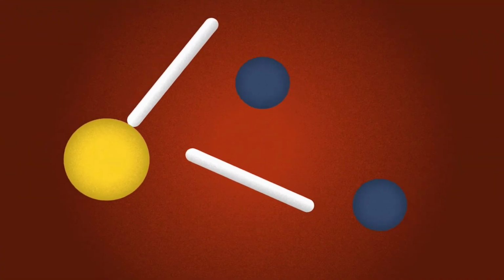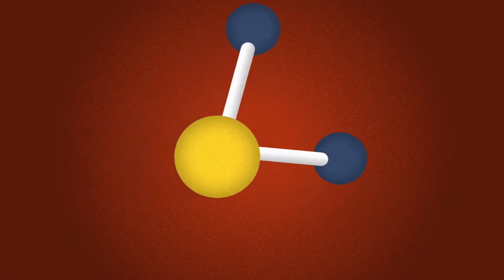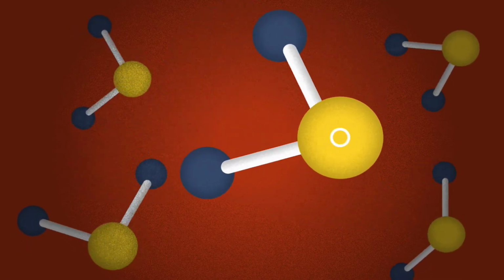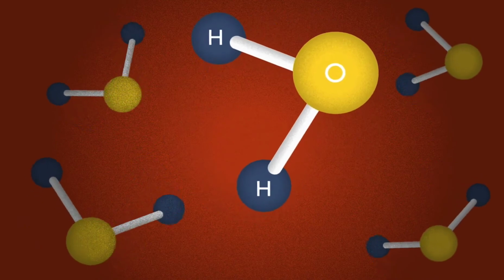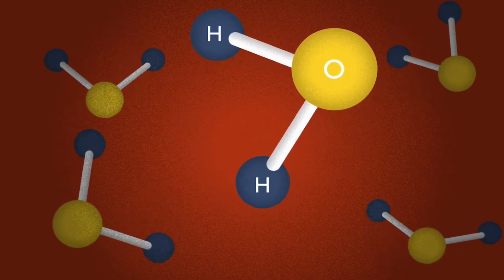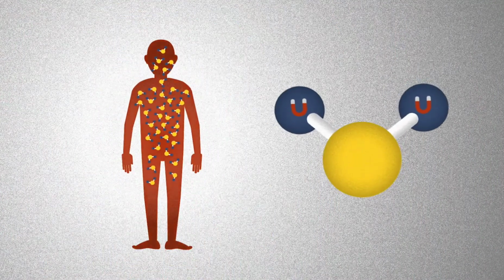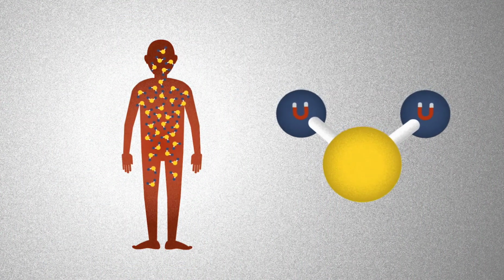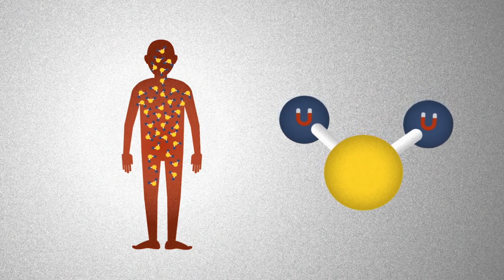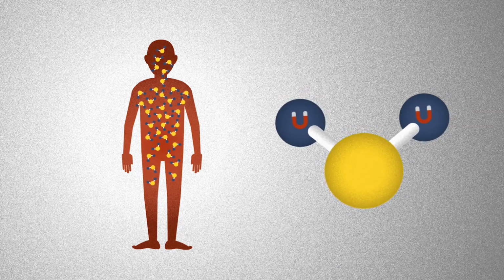Each of the billions of water molecules inside us consists of an oxygen atom bonded to two hydrogen atoms. We know it as H2O. Small parts of the hydrogen atoms act as tiny magnets and are very sensitive to magnetic fields.